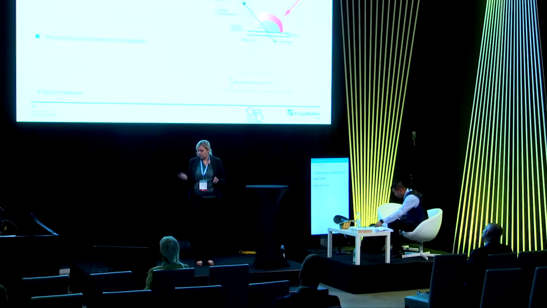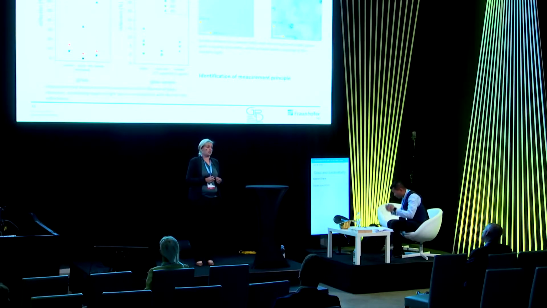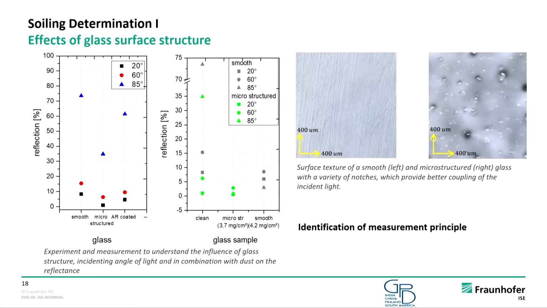And what we have in the end is a voltage. We go on from the working principle of this, I call it soiling sensor. It's for determining the soiling coverage of a solar glass.